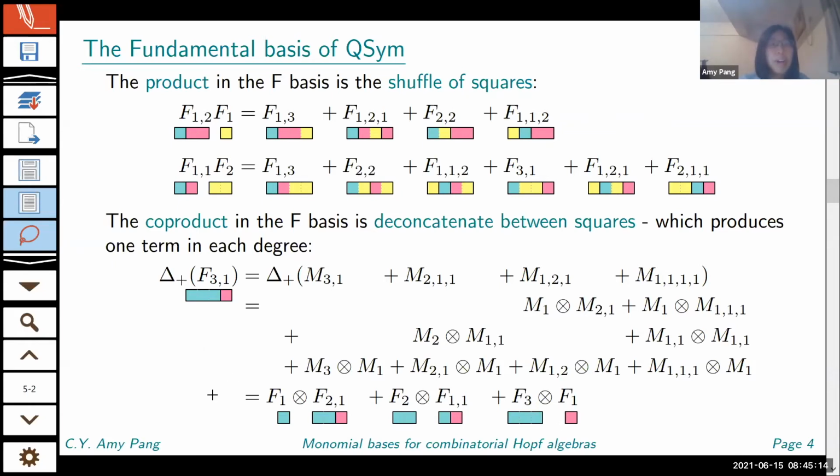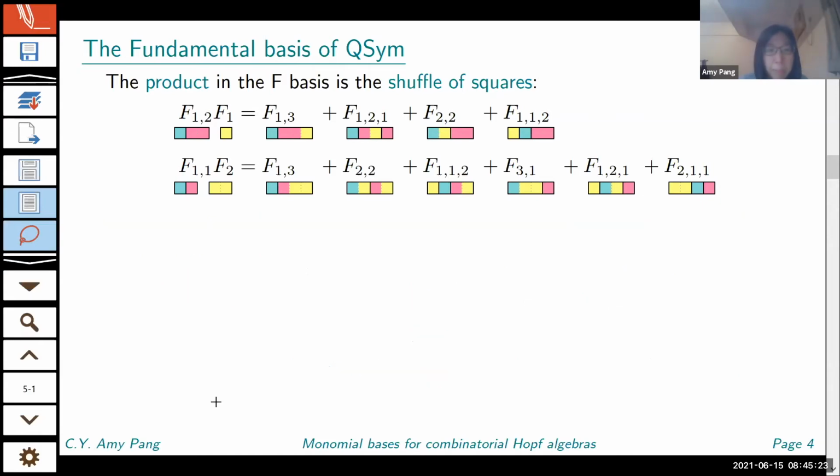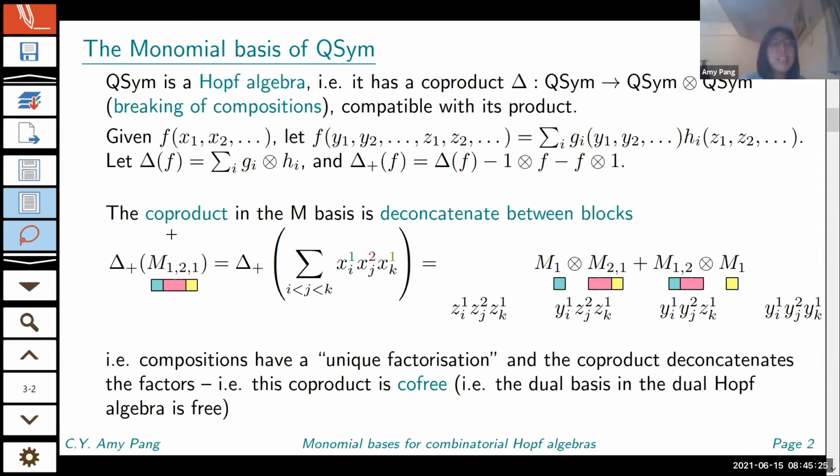So this coproduct is not based upon any sort of unique factorization idea. If you remember, in the coproducts for the monomials, if I gave you one of the terms in the output, you can know where it came from because it has all the factors in it, and then you just put the factors on this side and this side together.